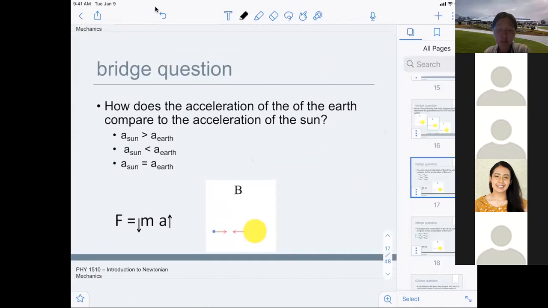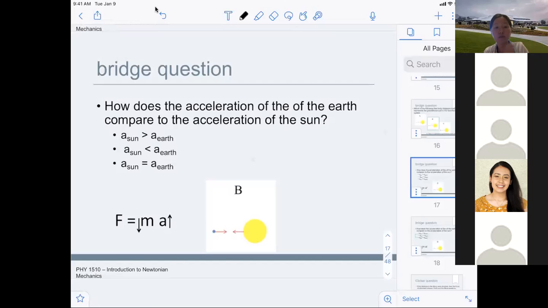But if we were to compare the acceleration, and we have done similar questions in the Newton's third law chapter, right? We know that, obviously, the mass of the Sun is much, much more than the mass of the Earth. So such an attraction on Earth will create a much bigger acceleration of the Earth.